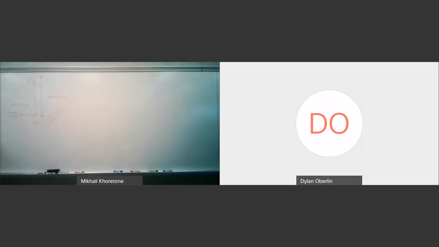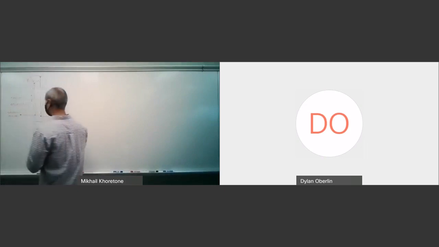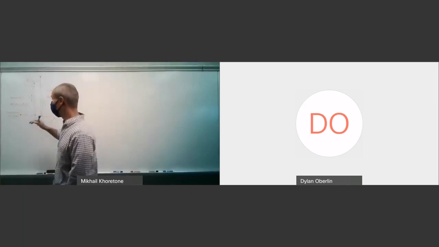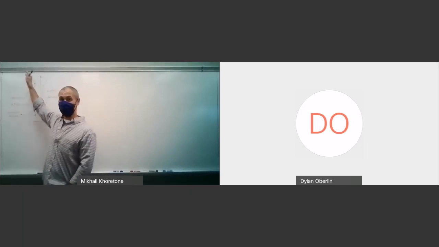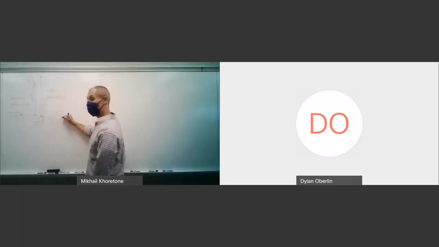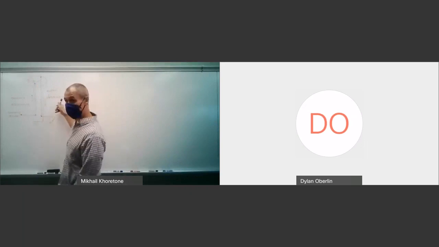So the direction of a signal will be upwards in the ascending pathways and downwards in the descending pathways. Okay, so to summarize, sensory pathways that convey the signal from the periphery to the brain are ascending. Motor pathways that convey the signal from the brain to the peripheral muscles, skeletal muscles, are descending.